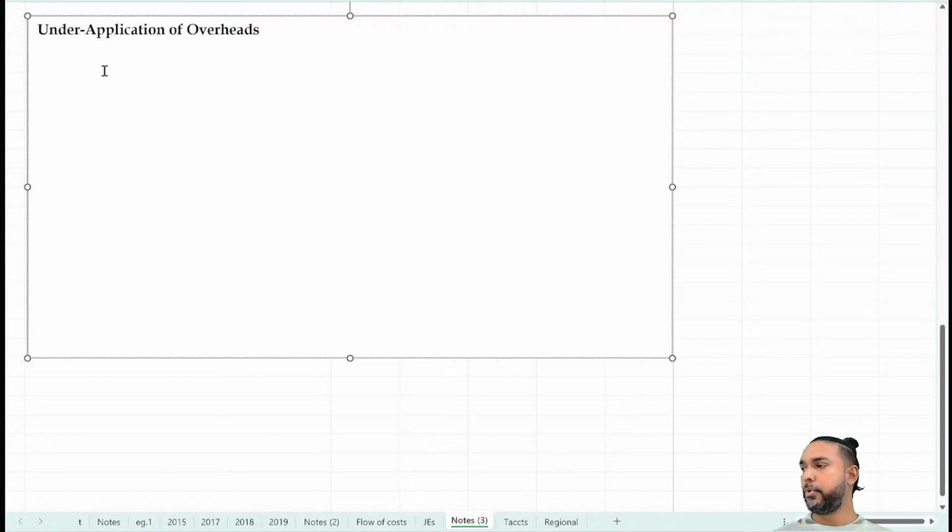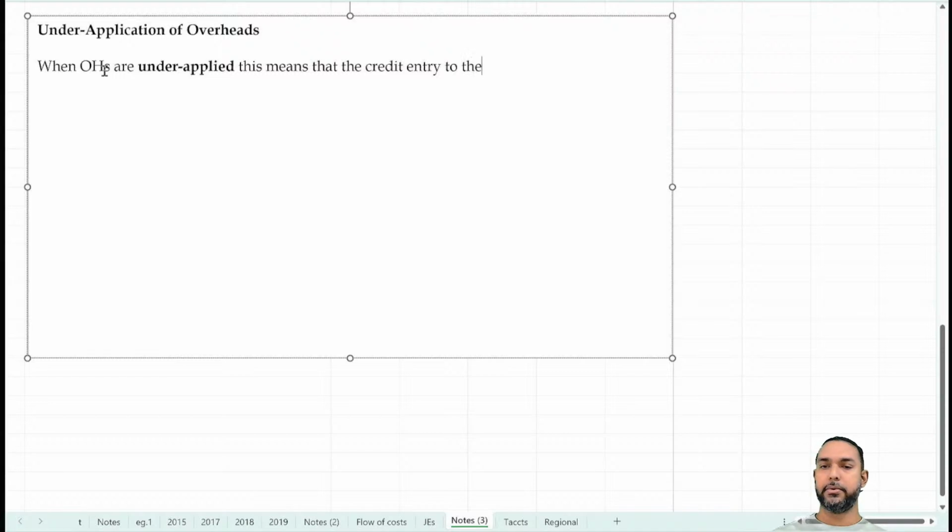Okay. Let's go. So when overheads are under applied, this means that the credit entry to transfer overheads out from the overheads account is too low relative to the balance in the overheads account.